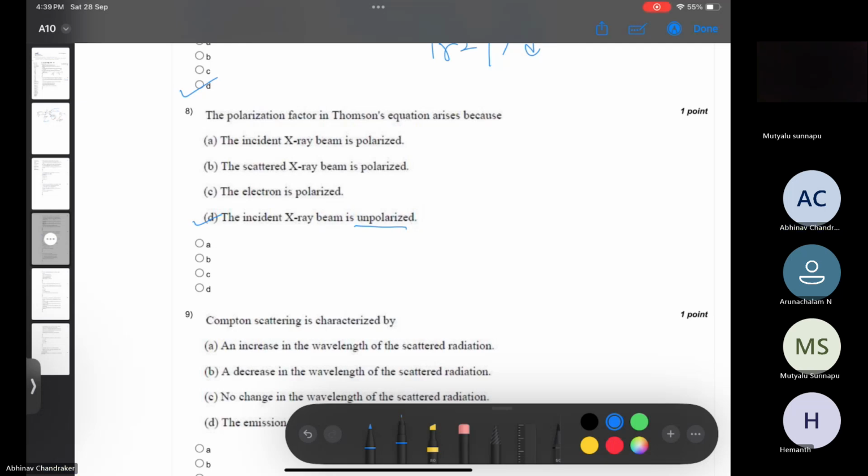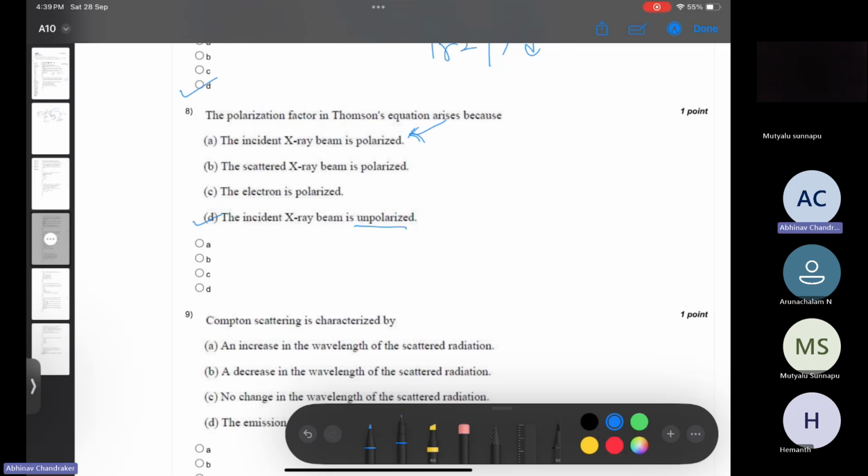And this will lead to a change in the intensity at different scattering angles. But if it is a polarized beam, then the incident X-ray beam, the electrical and magnetic fields, will only be oscillating in one single plane.